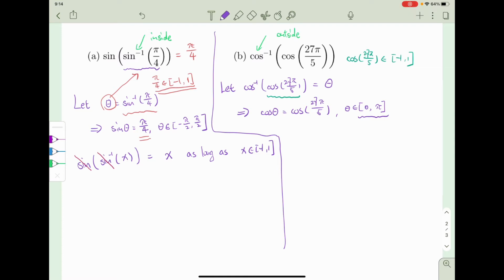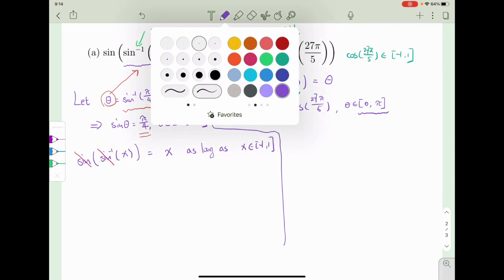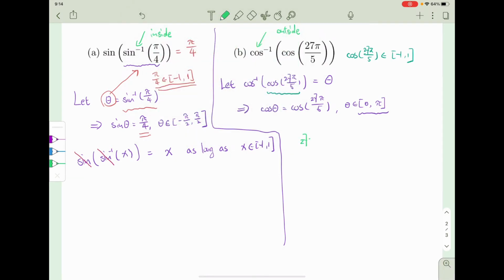So for example, I can rewrite this 27 pi over 5 as 20 over 5 pi plus 7 over 5 pi, which is 4 pi plus 7 over 5 pi.